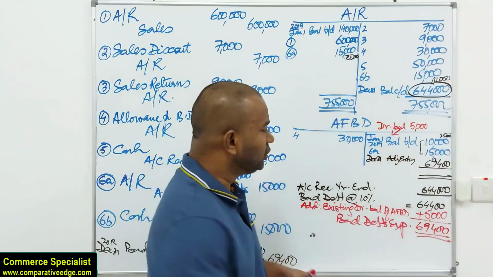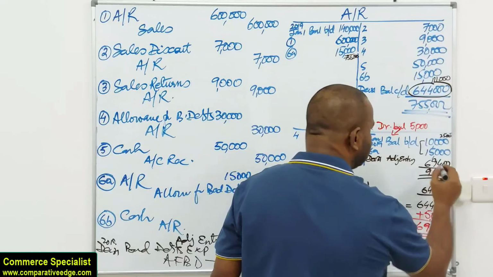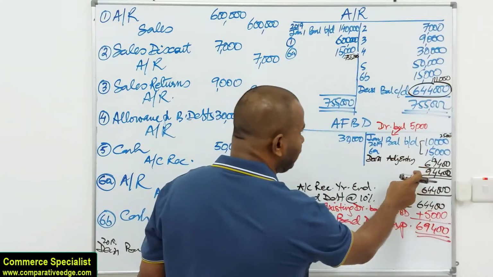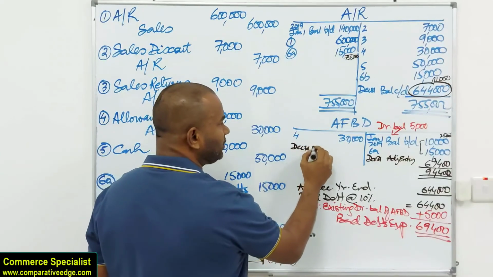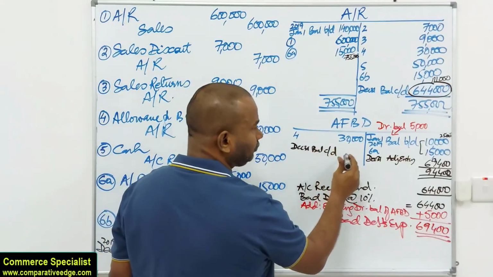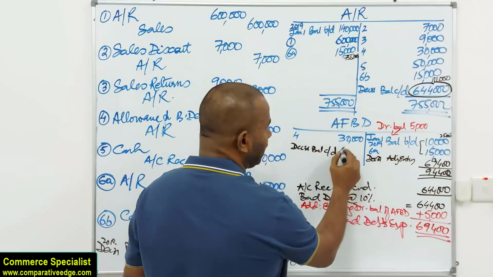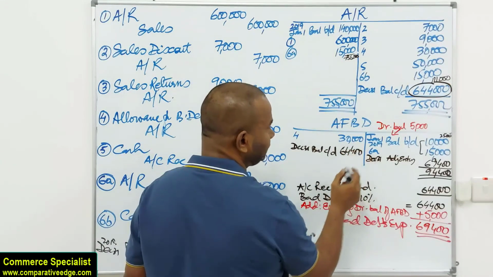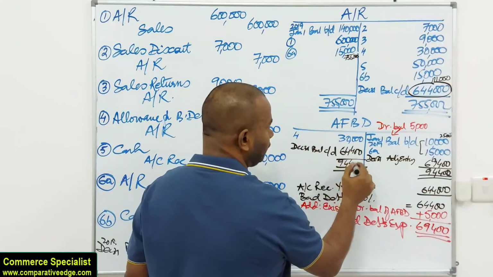So when you add this, you will get 94,400. From 94,400, when you minus 30, you will get the closing balance, December 31st, balance carried down. That will come to 64,400. 94,400.